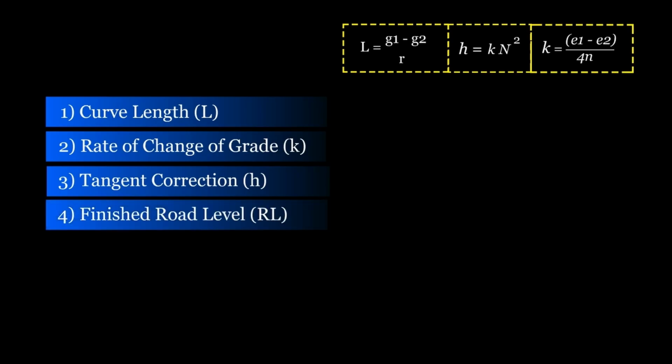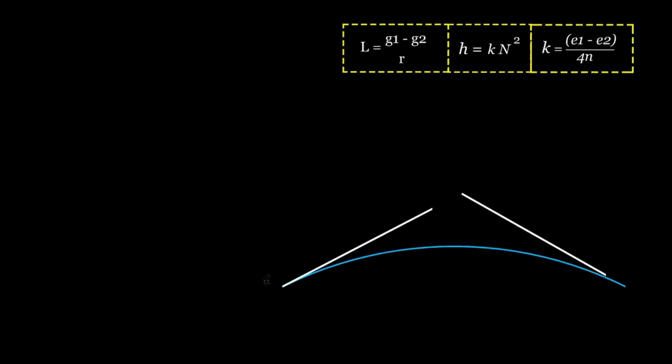We will go through a sample design calculation using the tangent correction method. Given information: a parabolic vertical curve connects two uniform grades of plus 0.8% and minus 1%. The chainage and reduced level of the point of intersection are 1,660 meters and 238.00 meters, respectively.